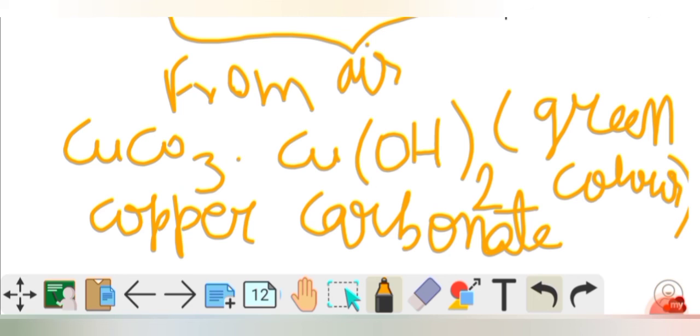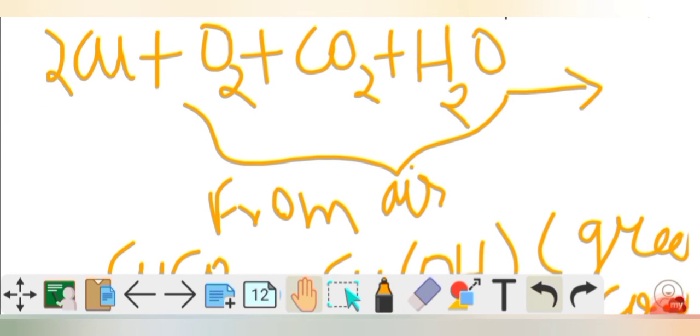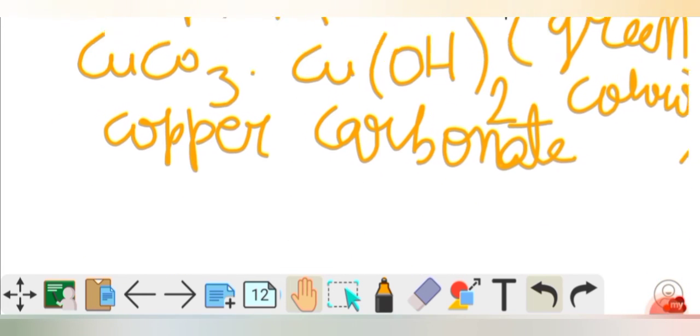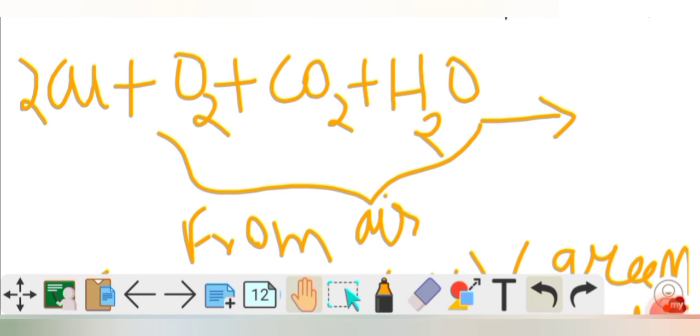Fine. So hope it is clear for you that the formation of a green layer over copper is an example of corrosion. When you write any of the reactions I have taught above, definition is important, but most important is the example.